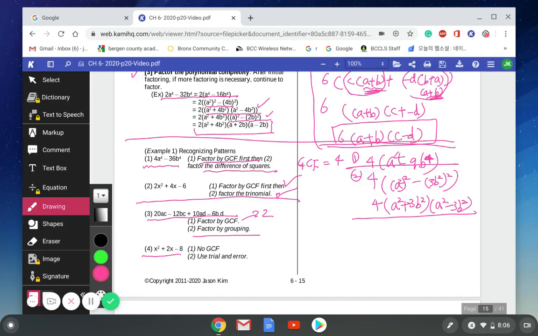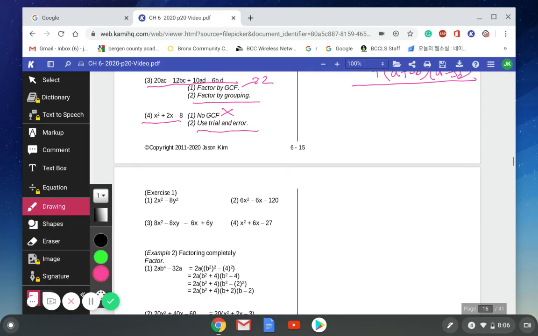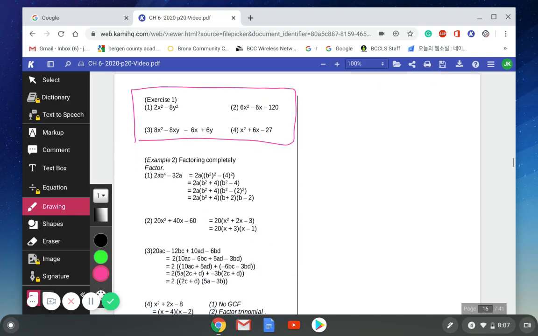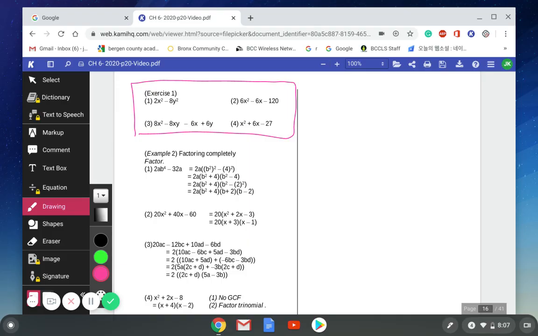Number 4, there is no GCF. You just try to factor by the trial and error method. So you make a plan before you do it. So try these next 4 exercises and check your answer with the answer key at the end of the section.